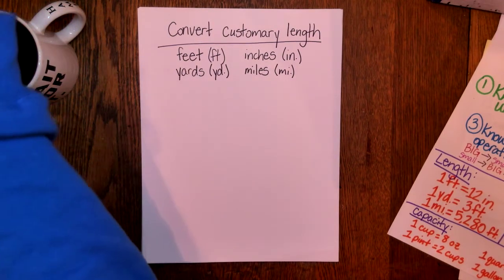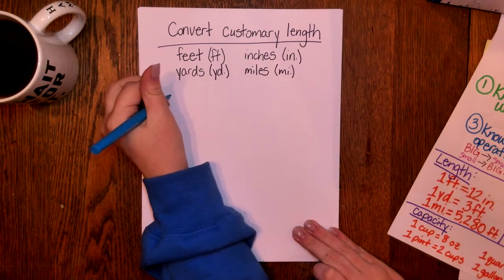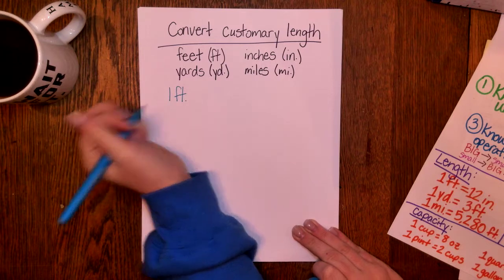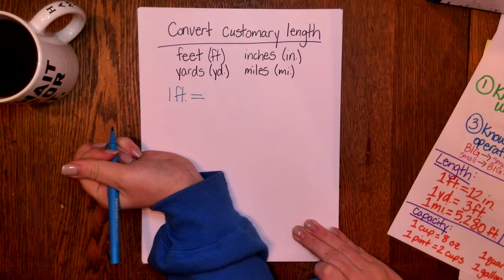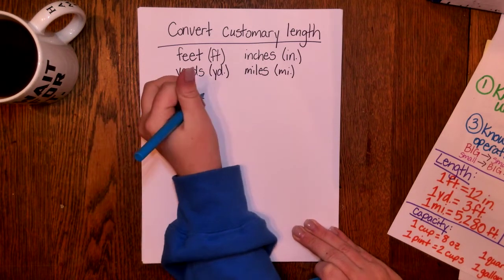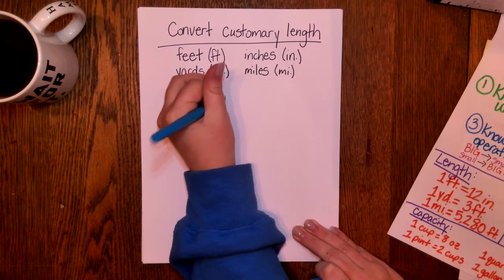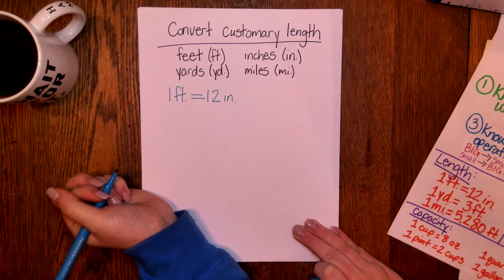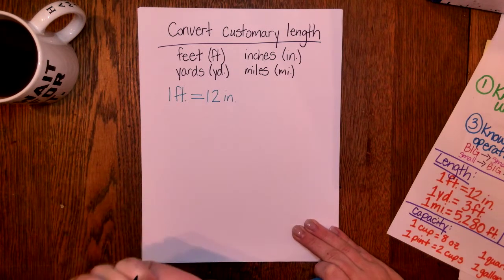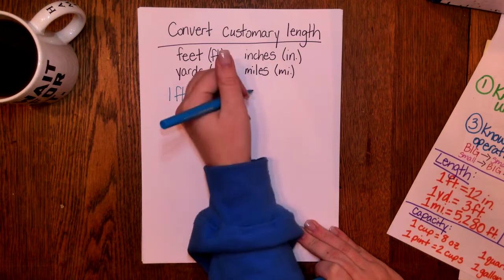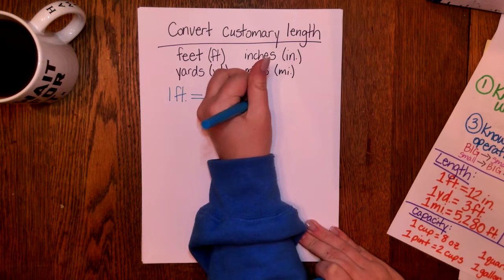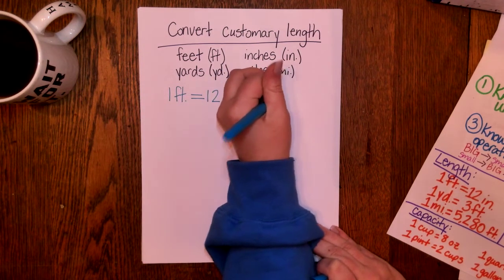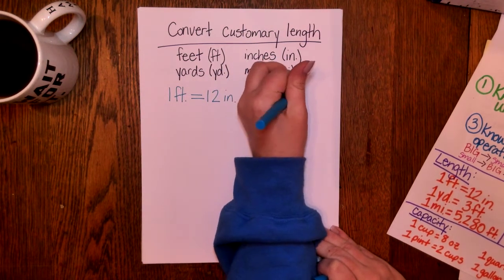We know that 1 foot is the same or equal to 12 inches. That one we probably already know. One that you might not know is that 1 yard is equal to 3 feet.